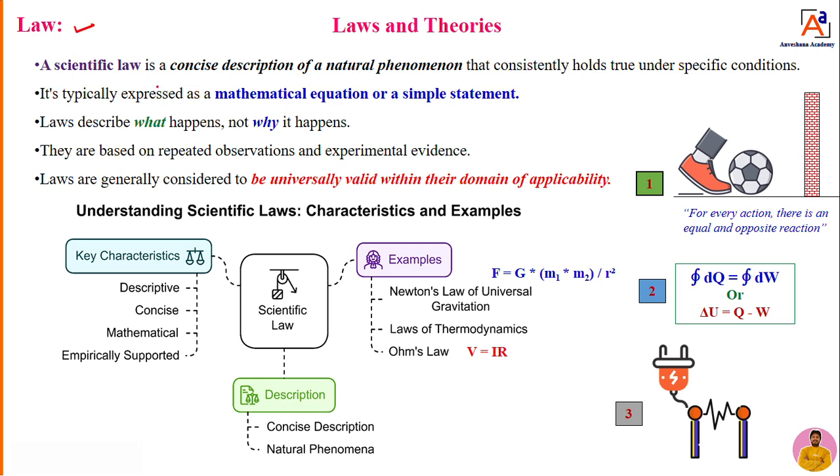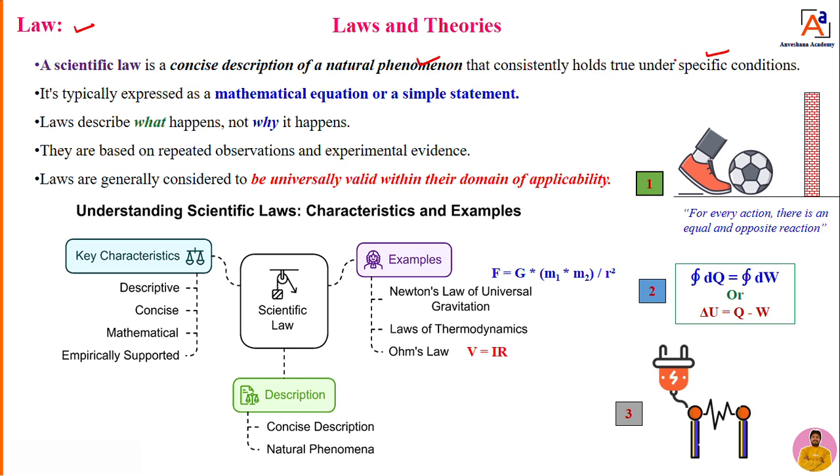What is a law? A scientific law is a concise description of natural phenomena that consistently holds true under specific conditions. I repeat, a scientific law is a concise description of natural phenomena that consistently holds true under specific conditions.